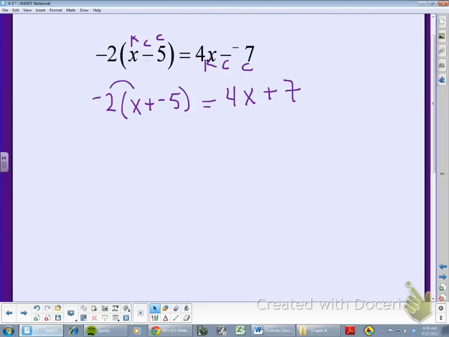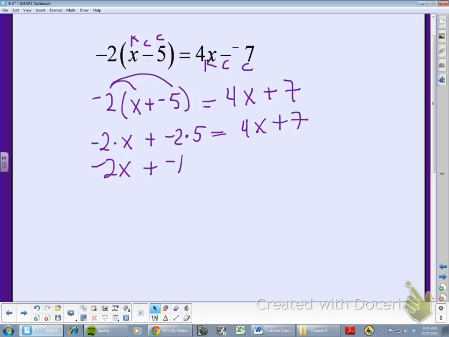Okay, and then I want to simplify the left-hand side before I move on, so that's -2 times x plus -2 times 5 is equal to 4x plus 7. Now this is -2x plus, now this would be -10. That's equal to 4x plus 7.